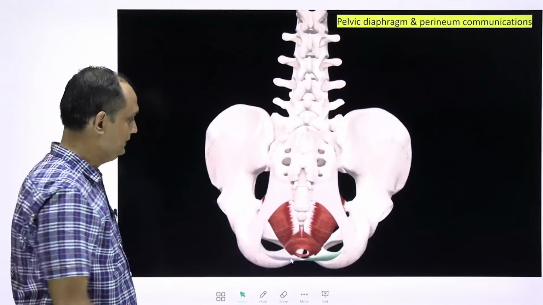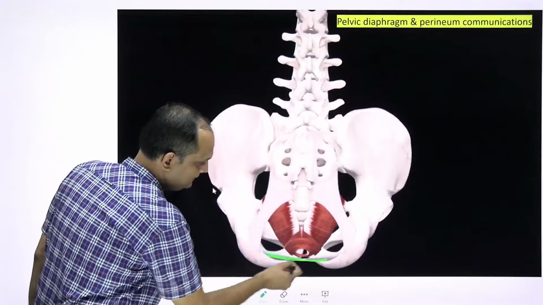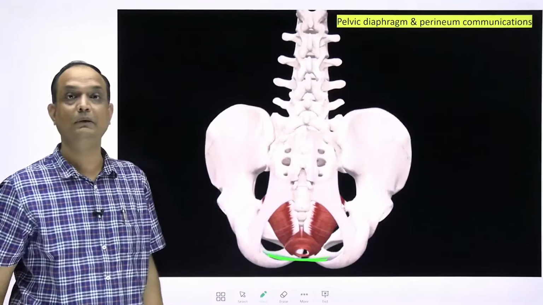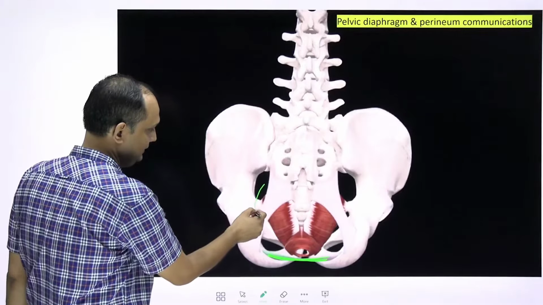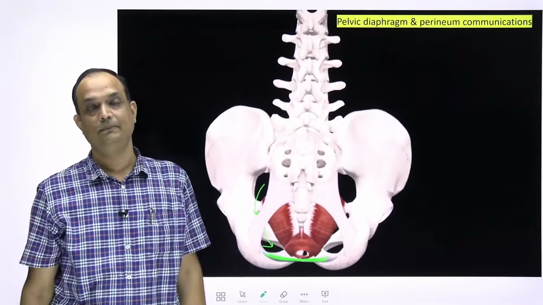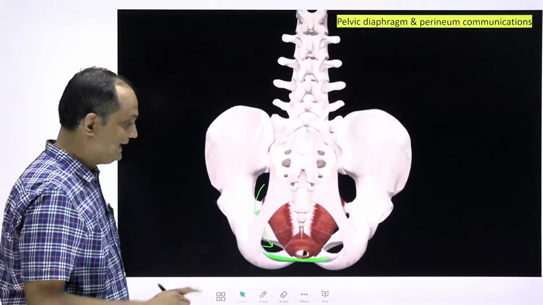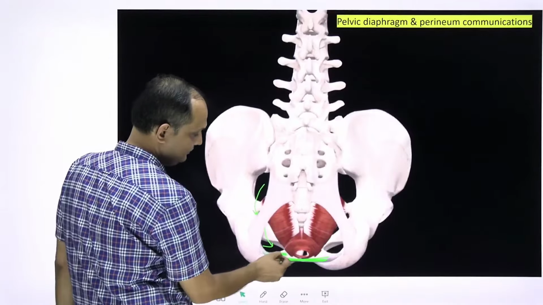Now the important thing is that here is the perineal membrane and this is the free border of the perineal membrane. So the structures will come out first in the gluteal region and they will enter like this into the perineum. Clear?